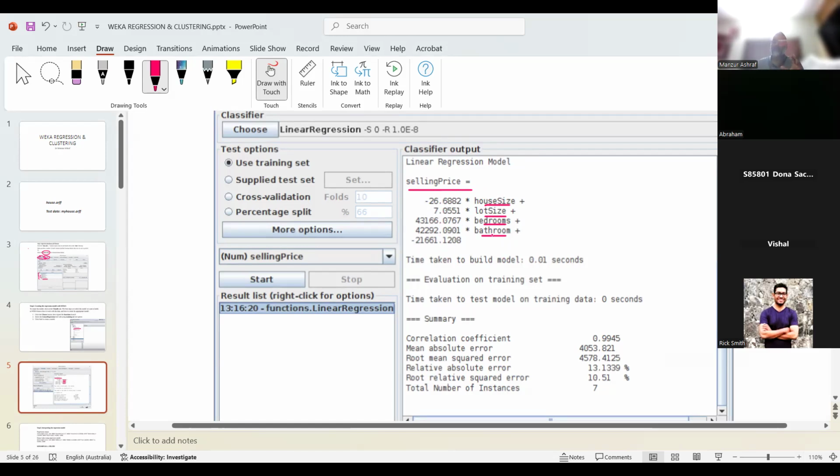So this program will make the equation out of all the data. And when I do it, an interesting thing will happen here. I'll explain that after a while. I need to draw something here. Let's see if I can do it, because my pen is not really working.